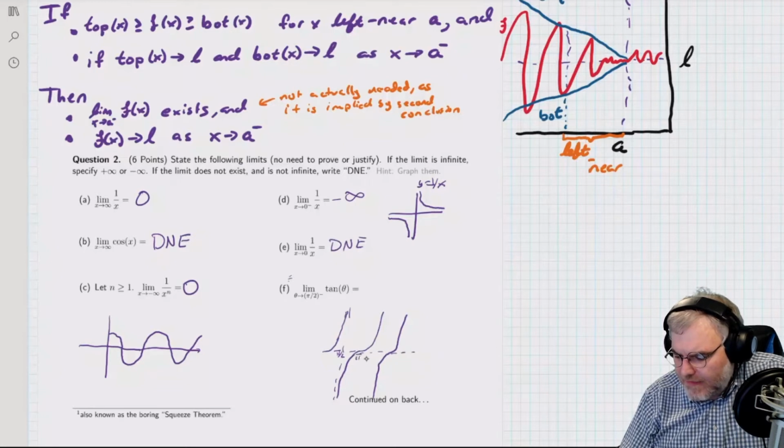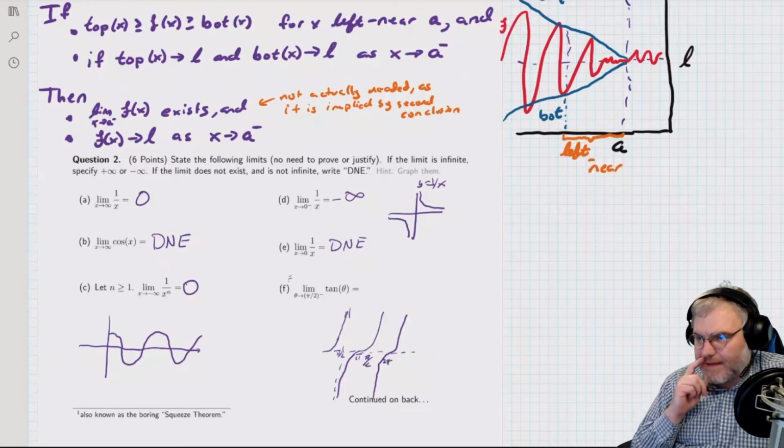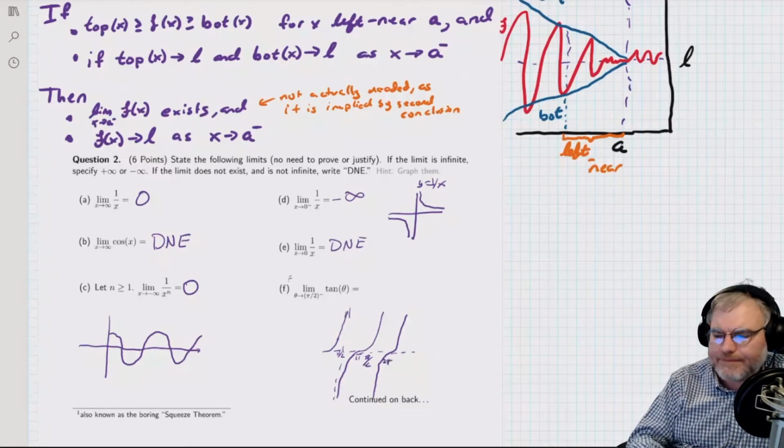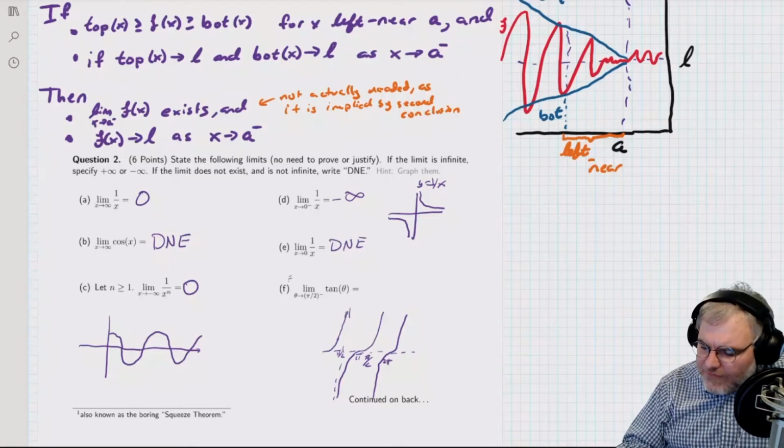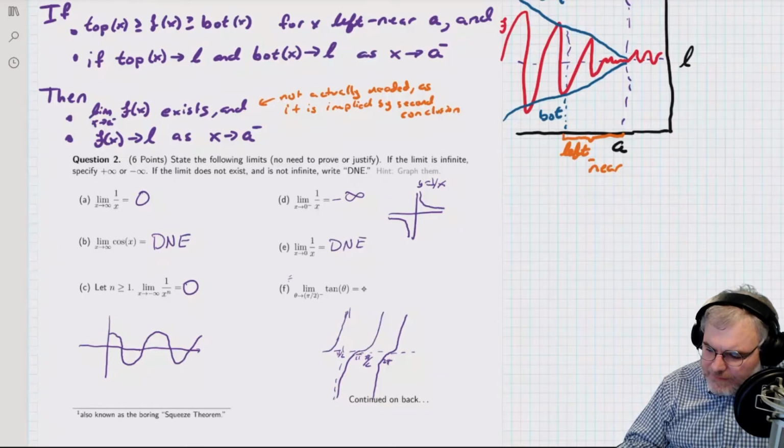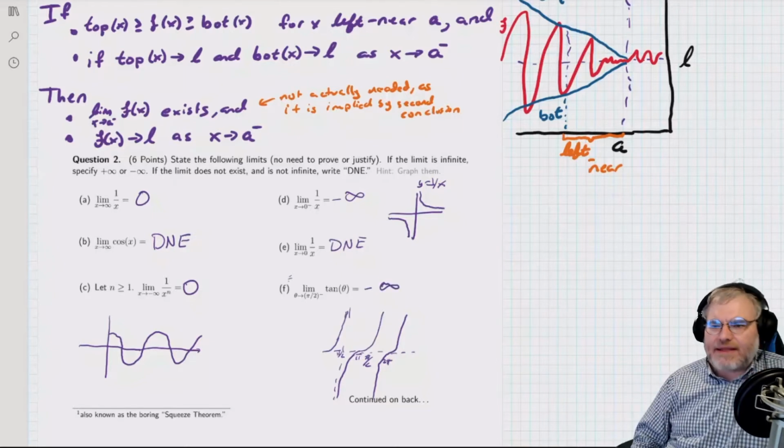This right here is 3 pi over 2. This right here is 2 pi, and it just goes on and on. So if I'm going to the left to pi over 2, it's going to be negative infinity. Now there's another way to think about this.